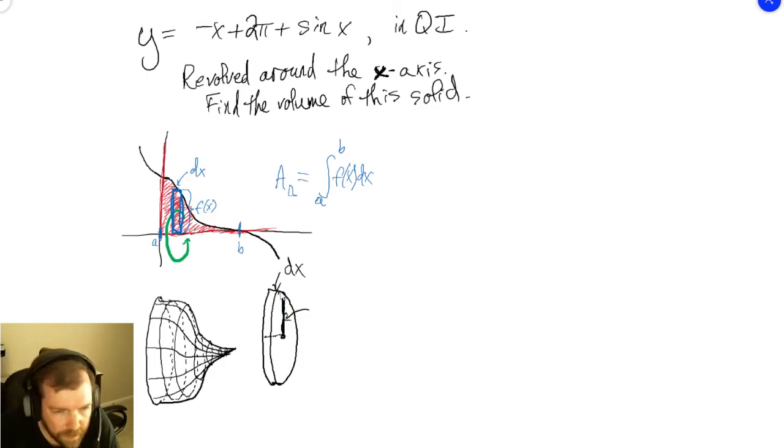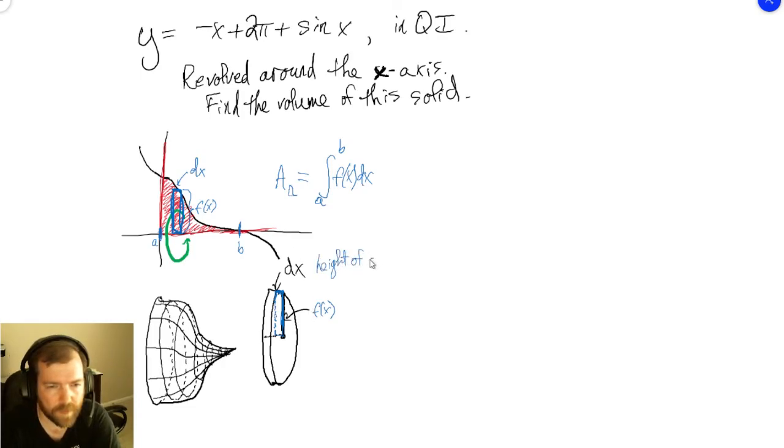And technically, this is inside, so let's make it dotted. And this is on the surface. So this is a height of f of x. This is a width of dx. The width is now going to be the same as the height of the cylinder. So dx is going to be the height of the cylinder. f of x is the radius.